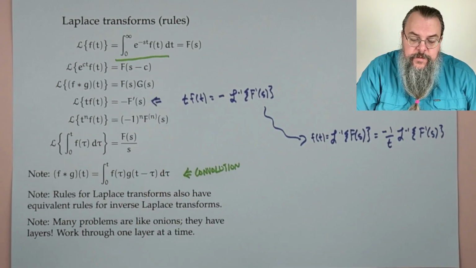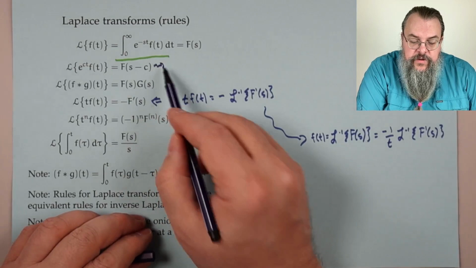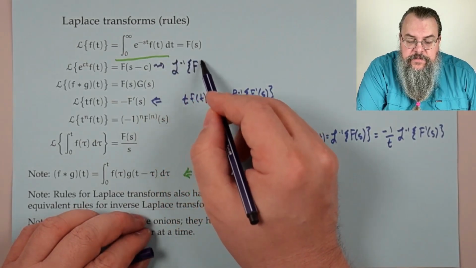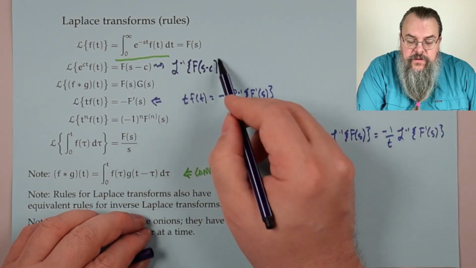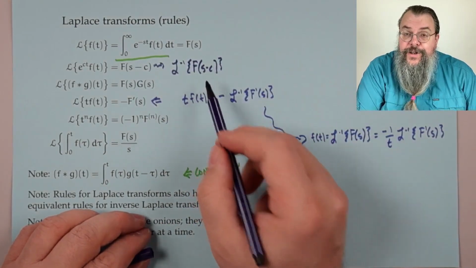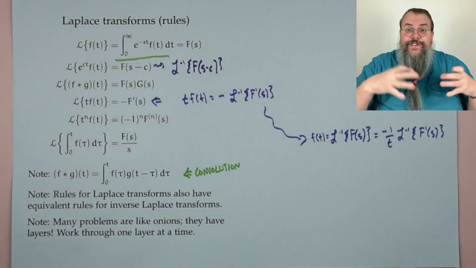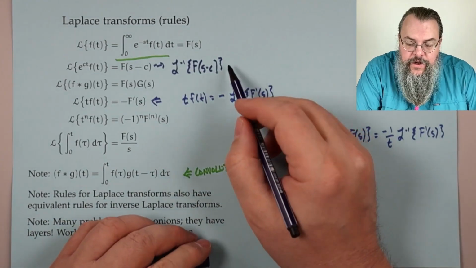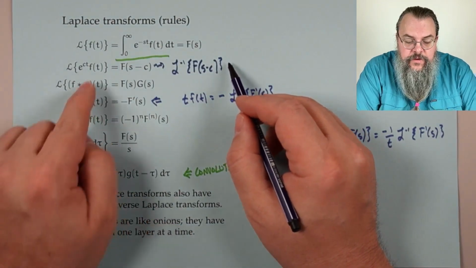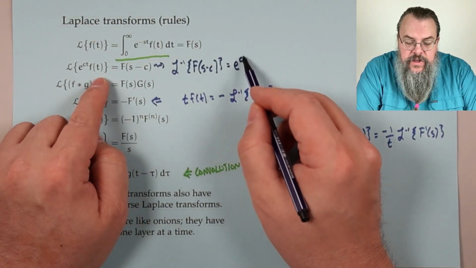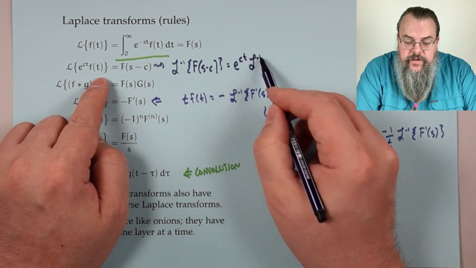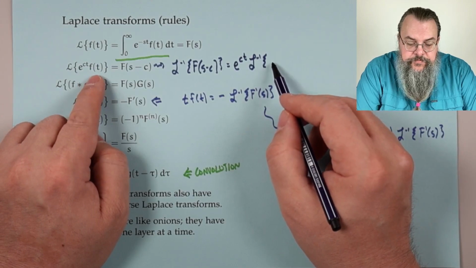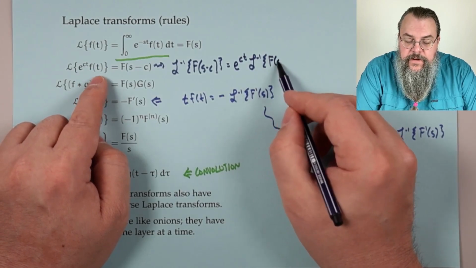For instance, if you talk about this rule, what does this say? Well, it says the inverse Laplace of f of s minus c. So if we ever see a shift going on, so every s looks like s minus something, well, according to our rule, this would be e to the ct times the inverse Laplace of f of s.